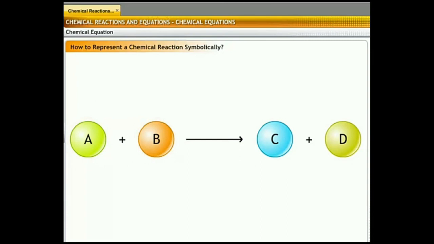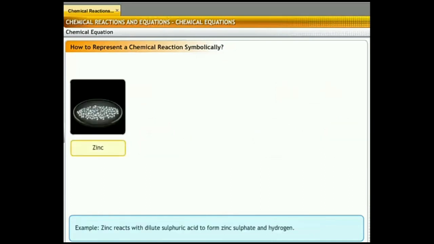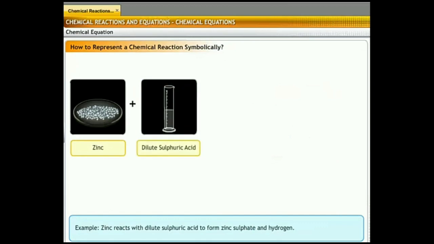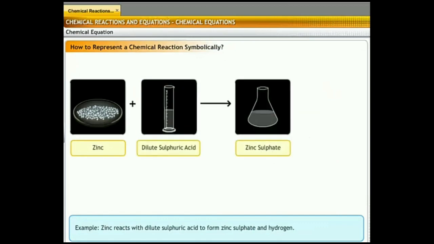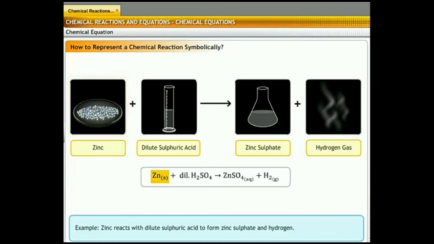We have already learned writing formulas. We know that every element and radical has its respective valency. Using those we form the molecules, write the formulas, then we place those and write the reaction. So here you can see that zinc and dilute sulfuric acid are reacting. Zn with (s) written means it is solid.